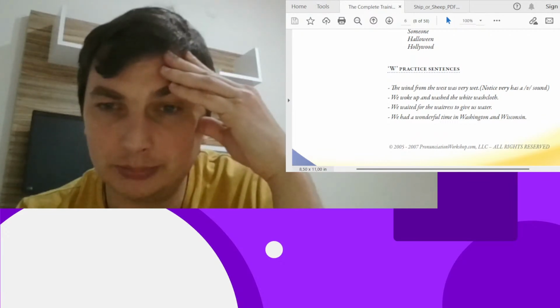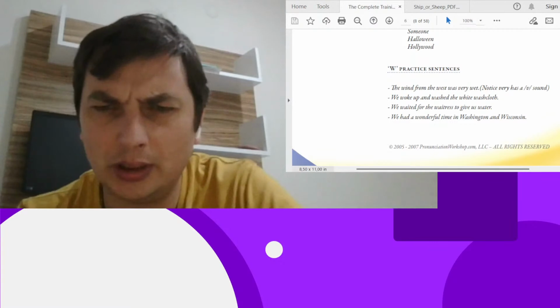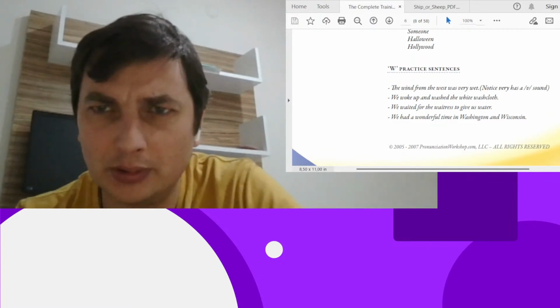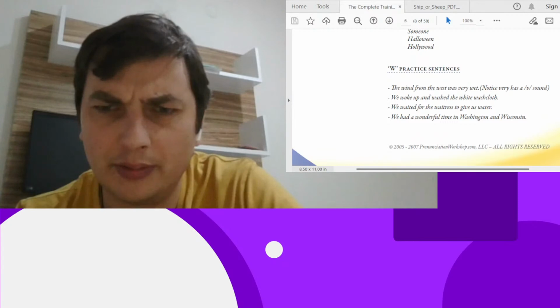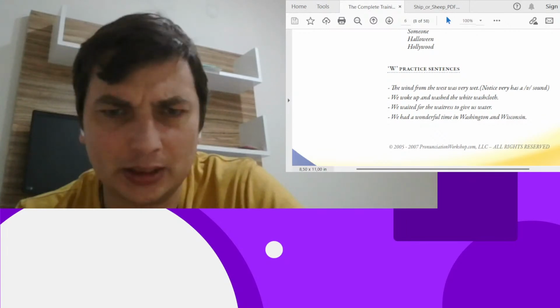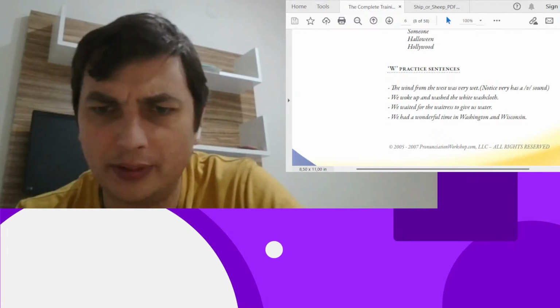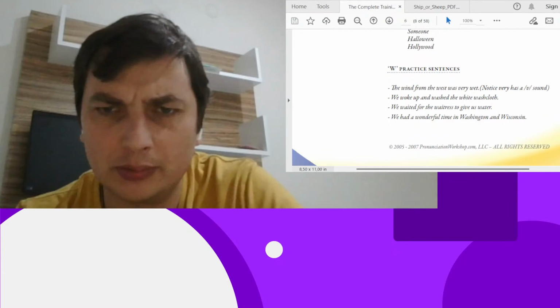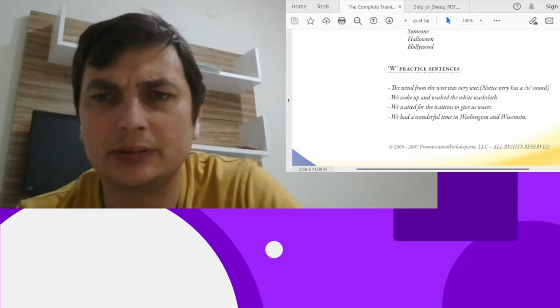R sounds at the end of the word, vowel R in the middle, R blends in sentences.